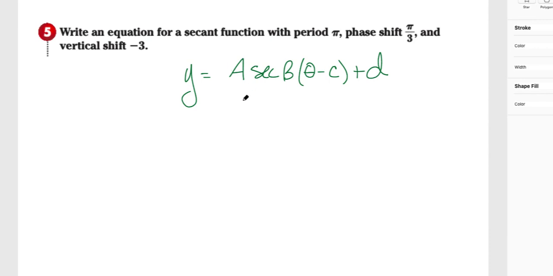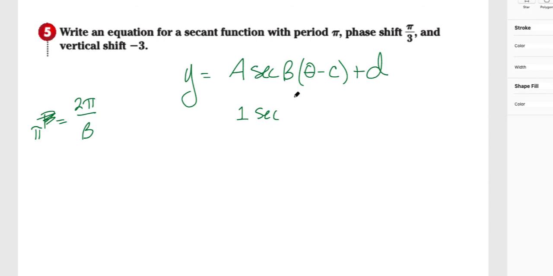So I know that our a value is going to be 1. The b value gives us our period. The period with the secant is defined as 2 pi divided by that b term, or k term as it is in the text. The period in this case was given to us as pi. So we can therefore see that b has to be equal to 2.